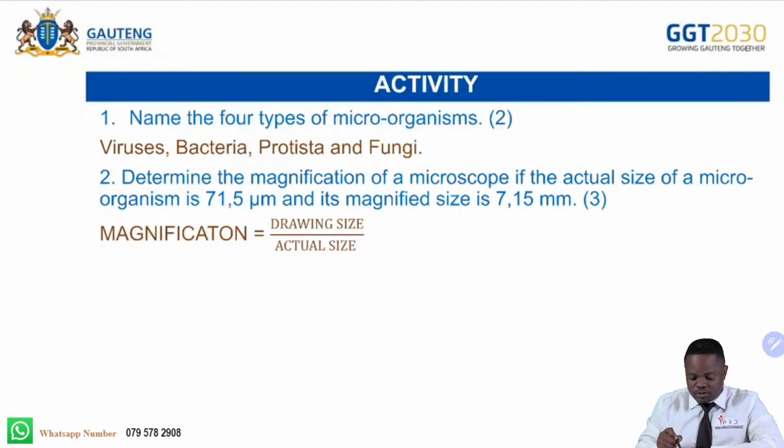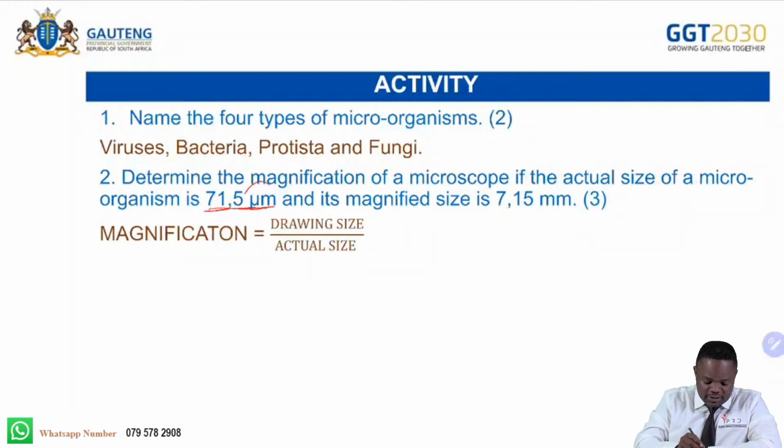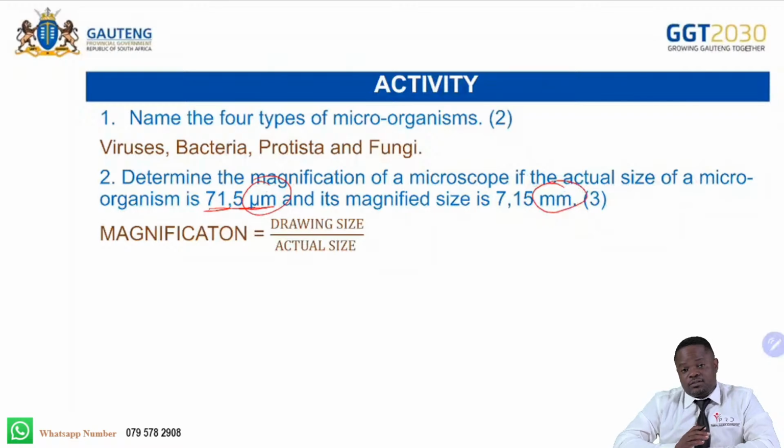So there you are told the actual size of the microorganism is 71,5 micrometers, right? And then the magnified size is 7,15 millimeters. So you can see you have to divide. However, the units are different. So you cannot divide if the units are different. So ensure that you convert your units to one particular unit and then you do your division.